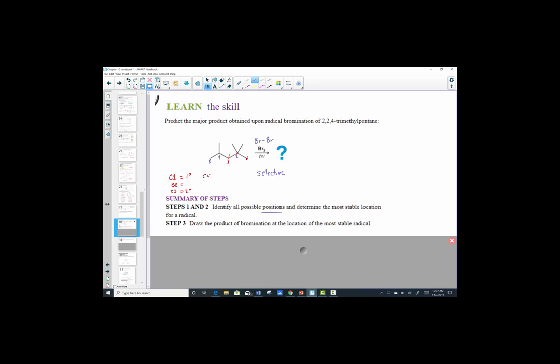At carbon 4, that's a tertiary position. And all of the rest of these are primaries. So we have primary, this one has no hydrogen at all, this would be a secondary, and here is a position where we would have a tertiary, just to redraw that. At this position, if I were to draw a radical, that would be a tertiary carbon radical, which would be the most stable position.